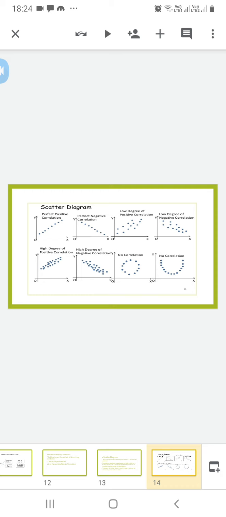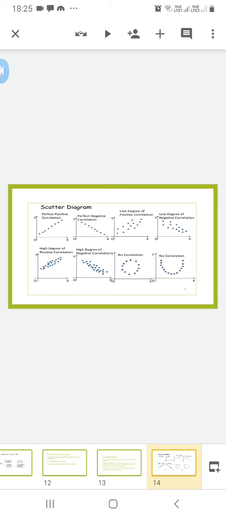So if the points on the scatter diagram reveal any trend, either upward or downward, the variables are said to be correlated, and if no trend is revealed, the variables are uncorrelated.